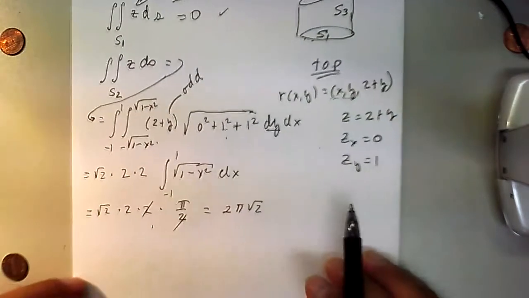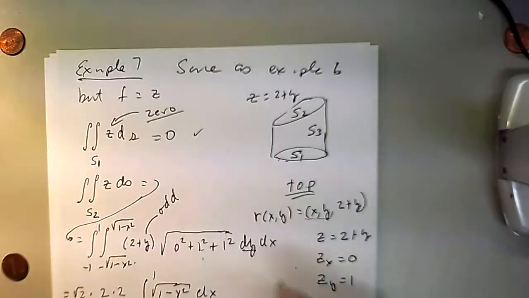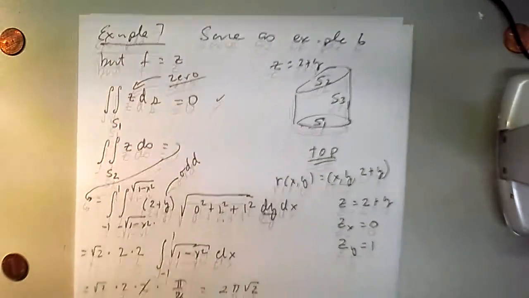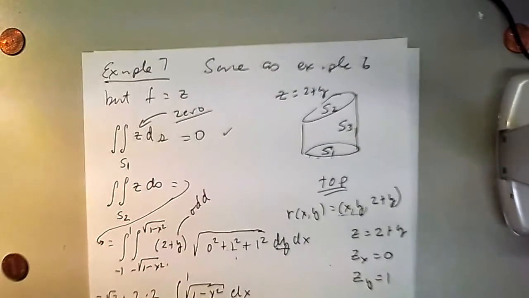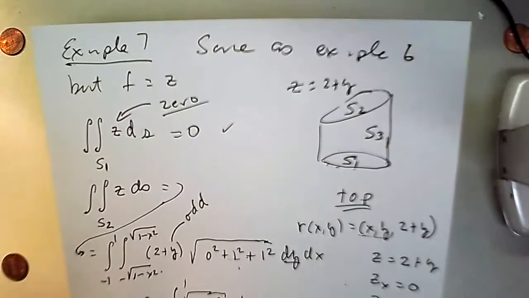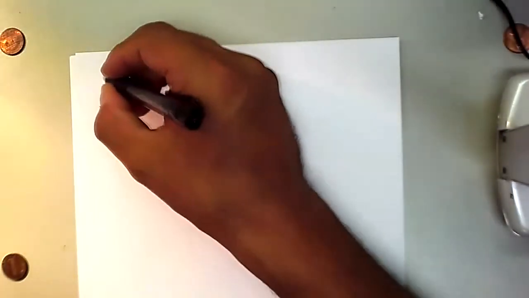Okay, so let's do the next one here. I was going to start writing the conclusion, but I better wait before we start writing the conclusion. Okay. Now, I'm going to piggyback on the previous example for the parameterization of the side.